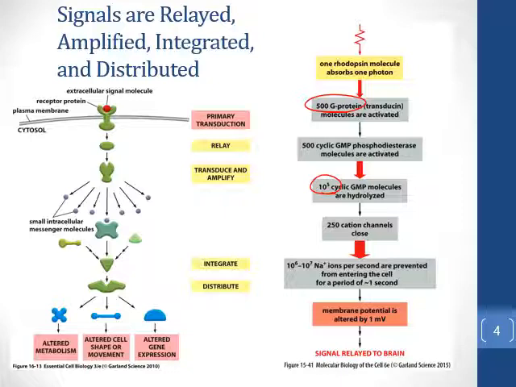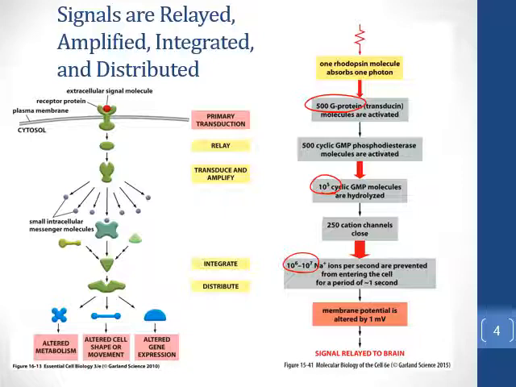Now those molecules are going to activate 250 cation channels. Specifically, it's going to close them. No amplification there. But massive amplification if you look at the next step, because 10 to the 6th times 10 to the 7th sodium ions are prevented from entering the cell.